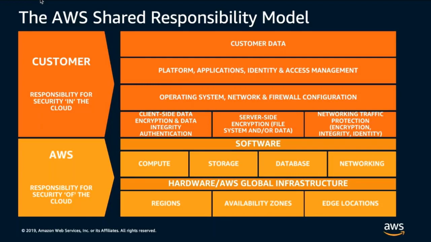This includes things like networking, traffic protection, such as encryption, server-side encryption, storage of data at rest, the operating system which you're using within your EC2 instances, which services you have created, or which workloads, which applications you have chosen to place in the cloud, and ultimately customer data. So you will note from this that your decision to place data in the cloud is always your own decision.